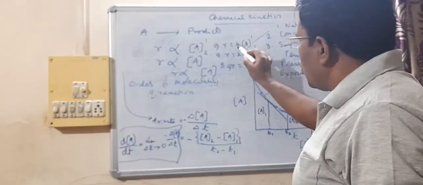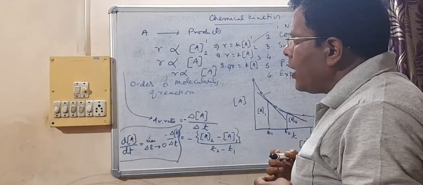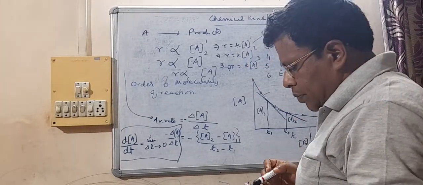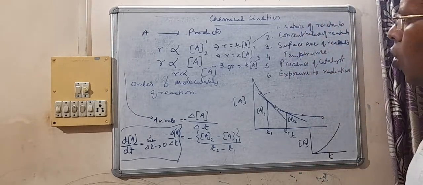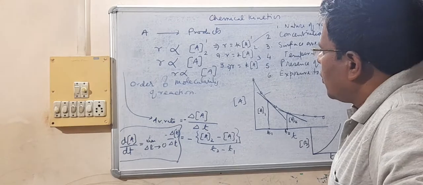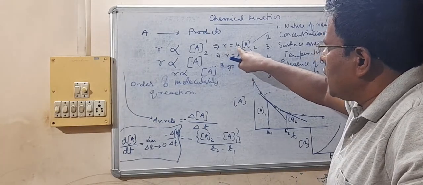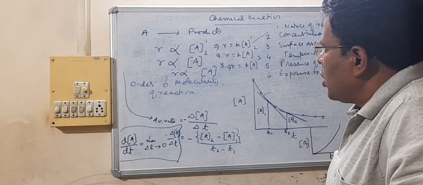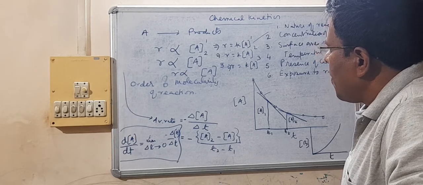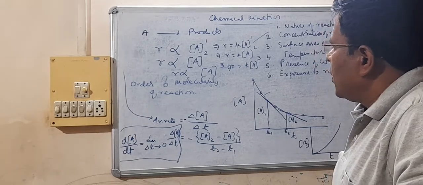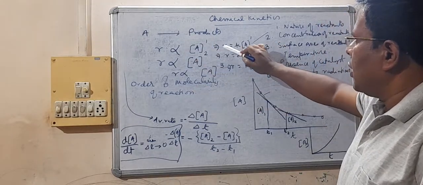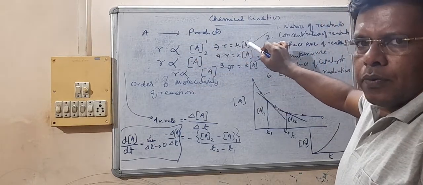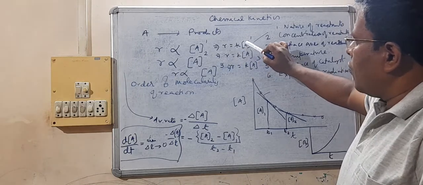And these are called rate law expressions, where R is the rate of the reaction and this K, which is a proportionality constant, is called the rate constant.